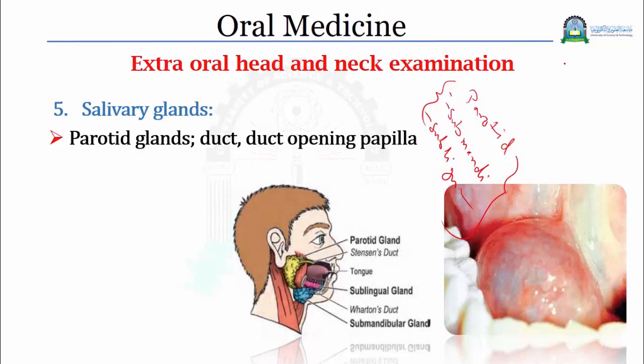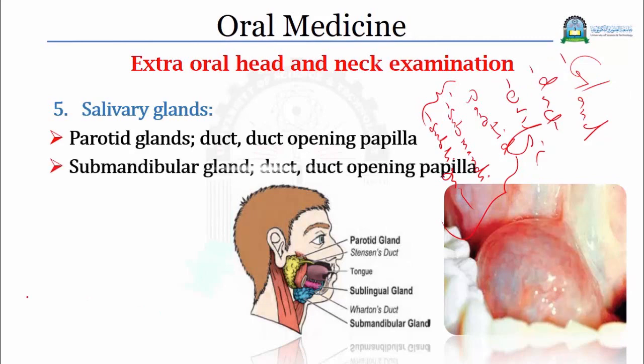You have to examine the gland itself, the duct of this gland, and also the orifice of this duct. The parotid duct opening and papilla should be examined, which is in the buccal mucosa opposing the second molar. The submandibular gland duct opening papilla is in the floor of the mouth at the tip of the sublingual frenum, and also the sublingual gland.